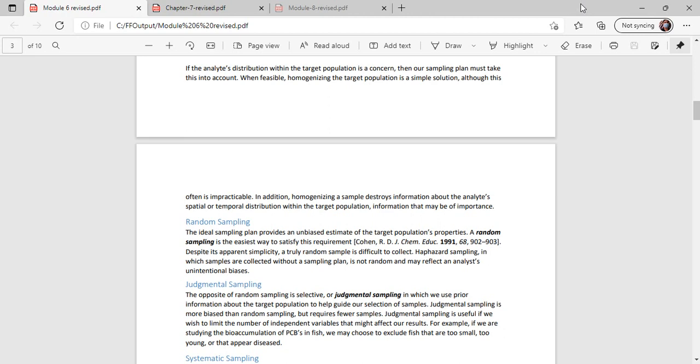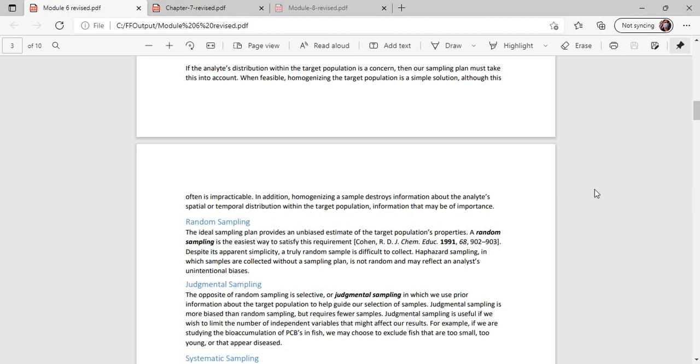Okay, the opposite of random sampling is selective or judgmental sampling, in which we use prior information about the target population to help guide our selection of the sample. Judgmental sampling is more biased than random sampling but requires fewer samples.